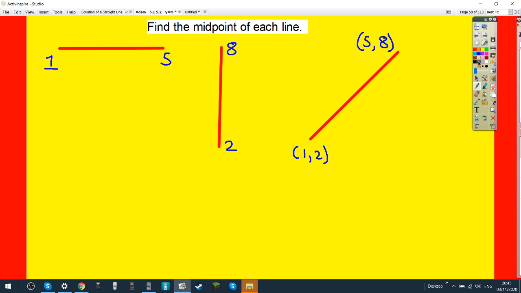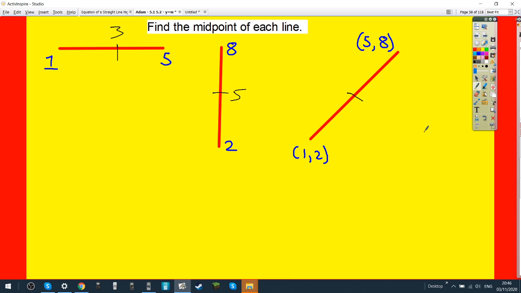Okay, find the midpoint of each line. What's this first one, between 1 and 5? You add the two numbers together and halve it. So it's 3. Yep. Next one: 5. Yep.